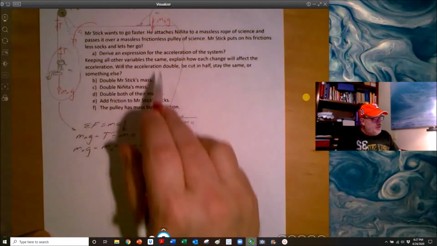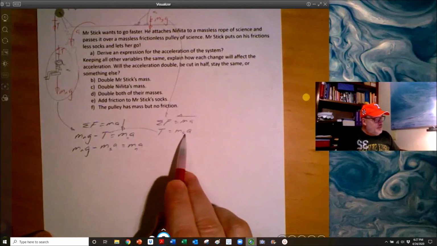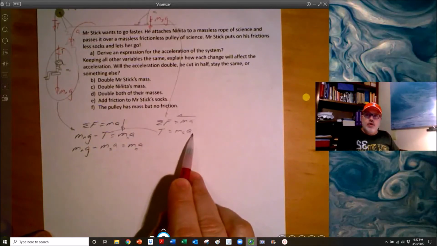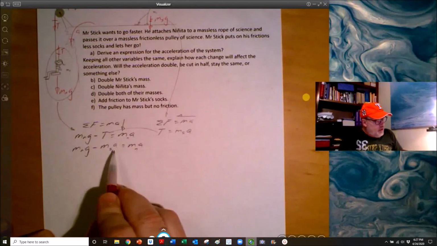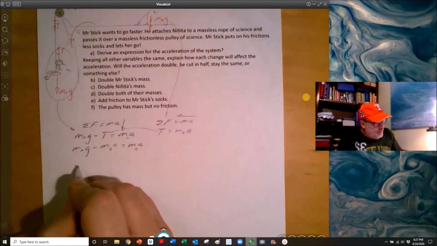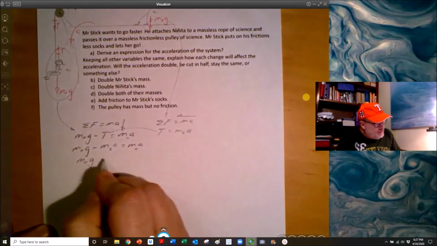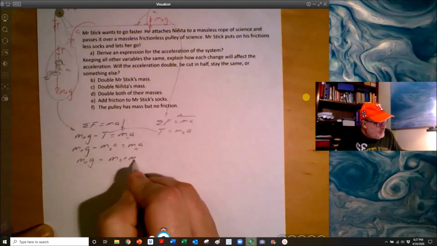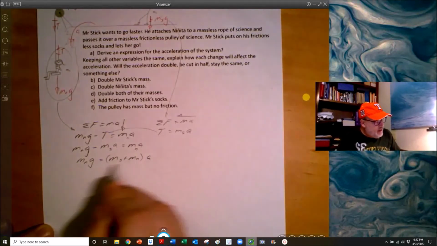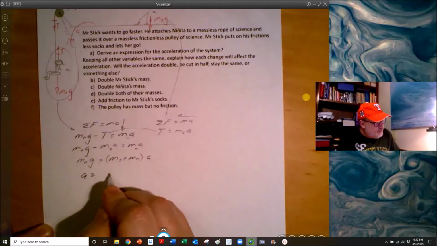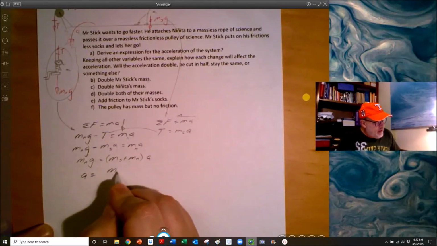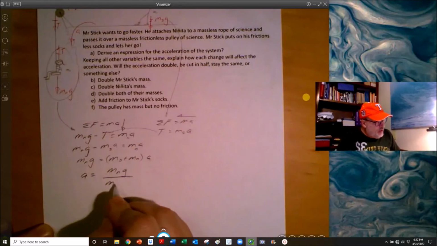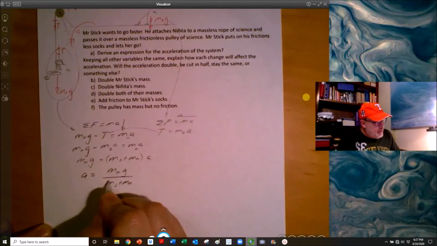So, because T equals mSa for Mr. Stick, I need to move this to the other side. So I get mNg equals mS plus mN times a, and divide. So I get the acceleration to be mNg over mS plus mN.